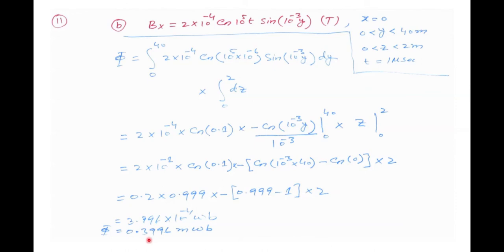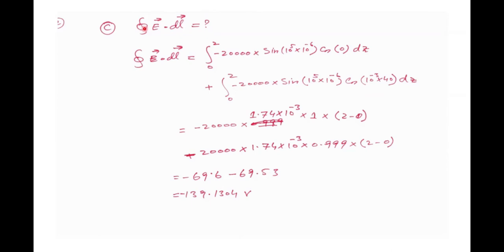Finally we come across this numerical value, that is phi equal to 0.3996 milliweber. In part C of the same problem, we are asked to evaluate the contour integration of the electric field.